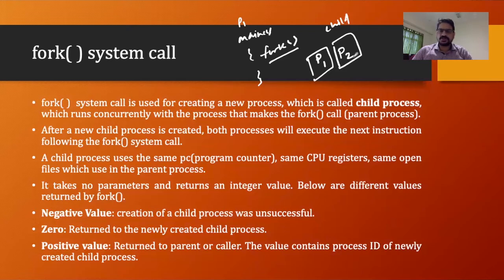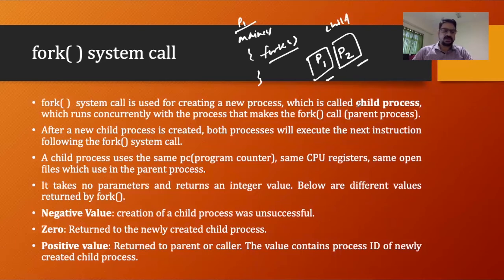Let's say we have a program P1 that is running, and whenever it reaches fork, it will create another process, which is called P2. Here P1 is the parent process and P2 becomes the child process. The new process created by P1 runs concurrently with the process that made the fork system call. P2 and P1 are both running concurrently.